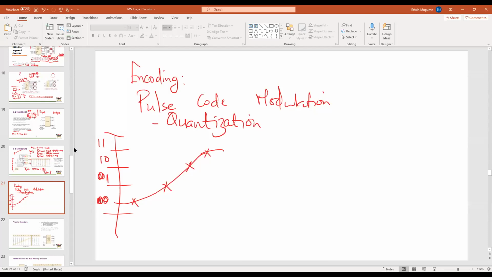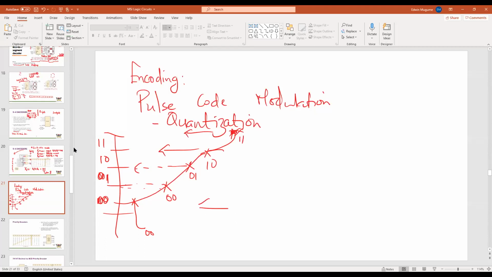So if this sample is in here, you encode it as 0, 0. If it's somewhere there, you can say this is still 0, 0. This one is in this level, 0, 1, and that one is in that level, 1, 0, and maybe you have another sample here, which is 1, 1.